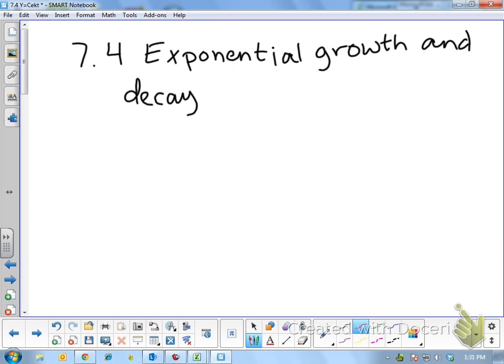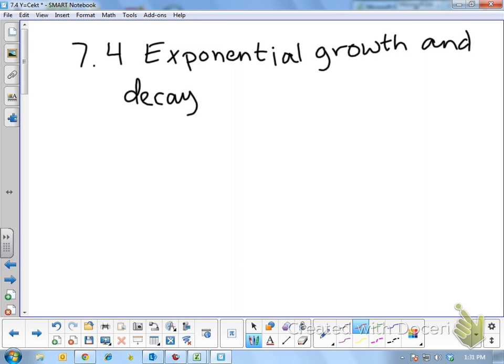So in order to solve this separable differential equation, we need to interpret a sentence, because they won't always just say dy dx equals blah. Sometimes they'll give you a sentence and you have to interpret it into math symbols.